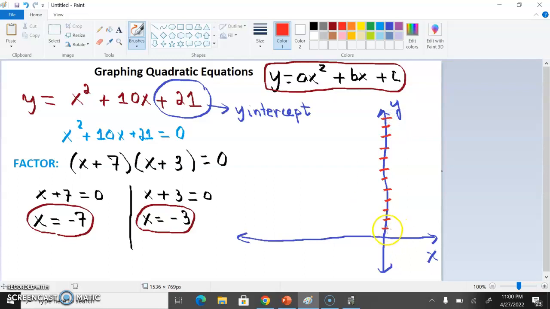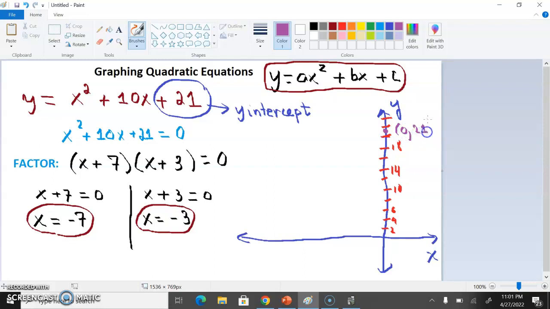Okay, for each one of these I'm going to go by 2. So 2, 4, 6, 8, 10, 12, 14, 16, 18, 20. So my y-intercept is 21, so it's going to be right here. Okay, that's my y-intercept. So that right there is (0, 21).